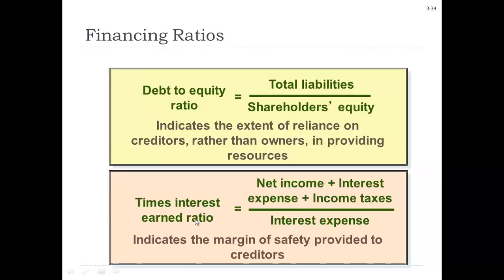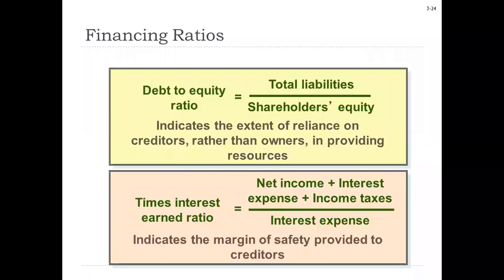And then the times interest earned ratio is a specialized ratio: net income plus your interest expense plus income taxes, divided by interest expense. This measures how much extra income a company has to pay the interest on its liabilities. So this ratio is of interest to people who lend money to a company. They want to make sure that they can get their interest as the interest comes due.